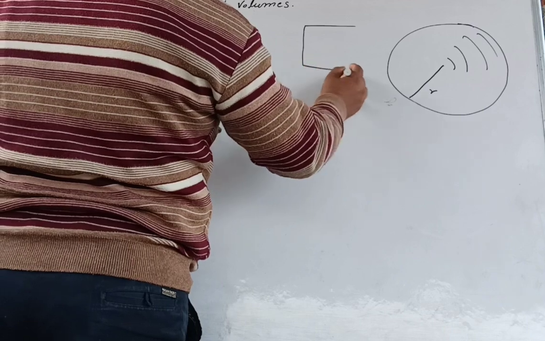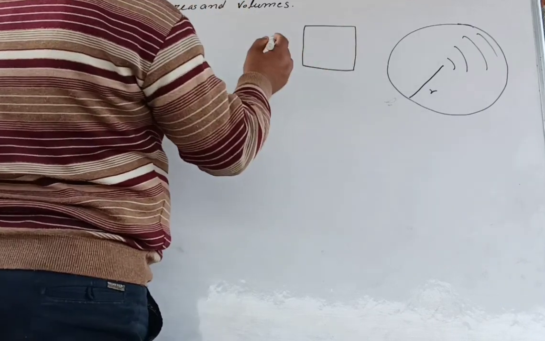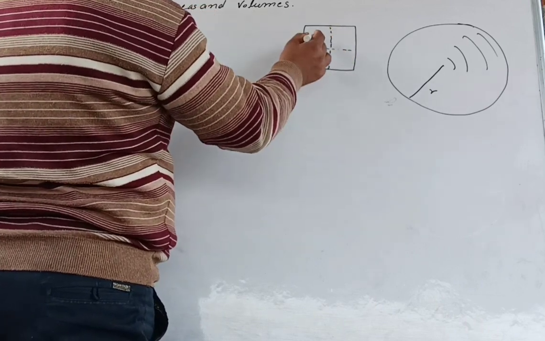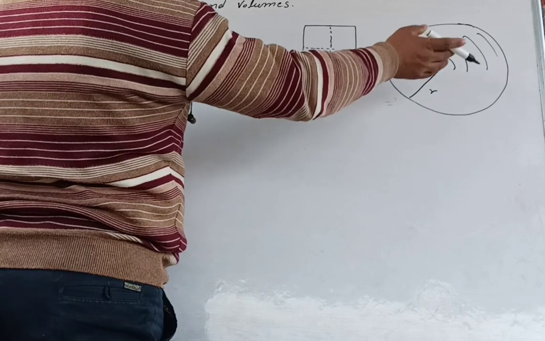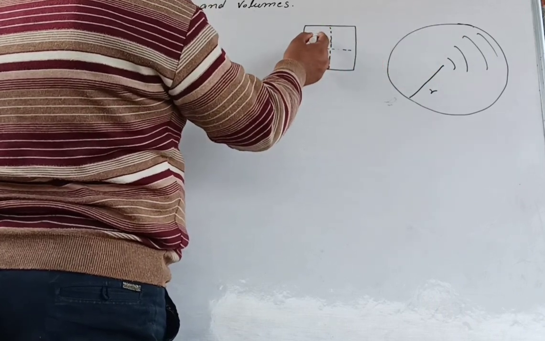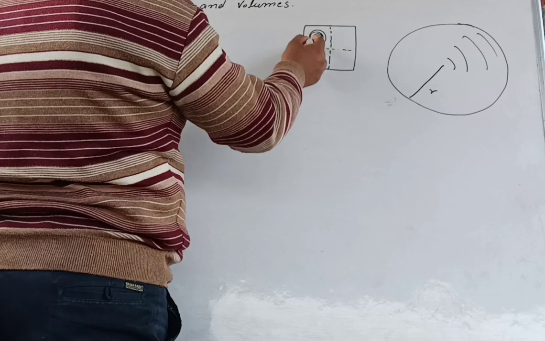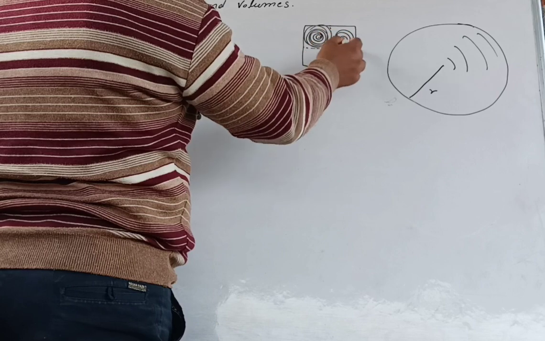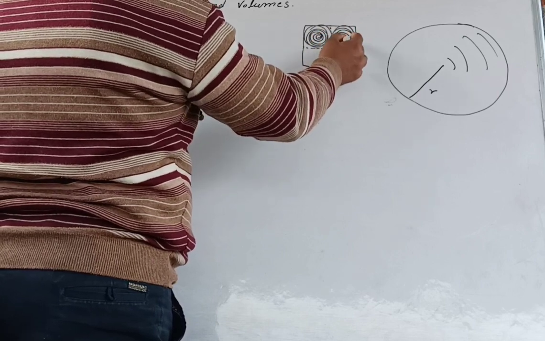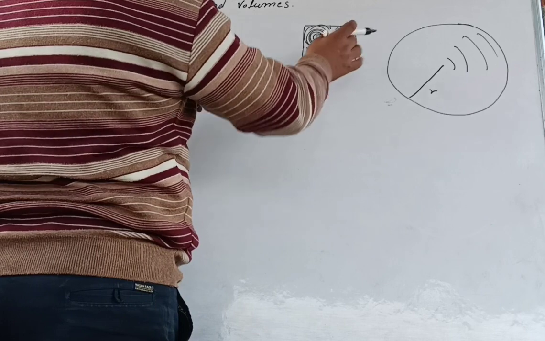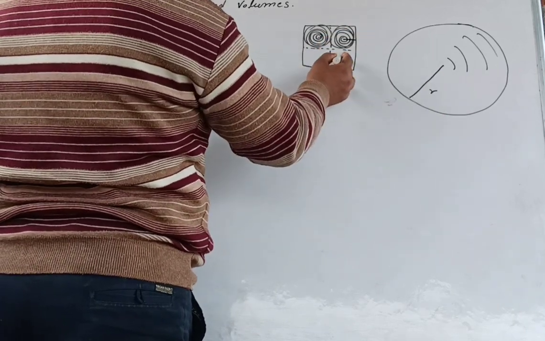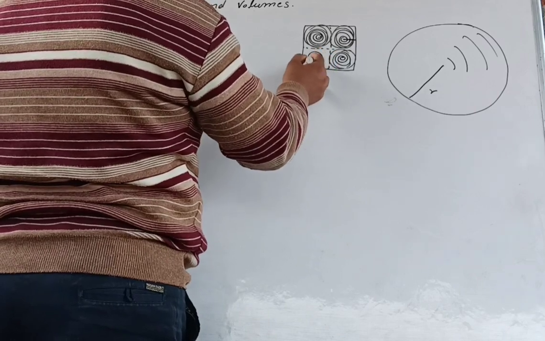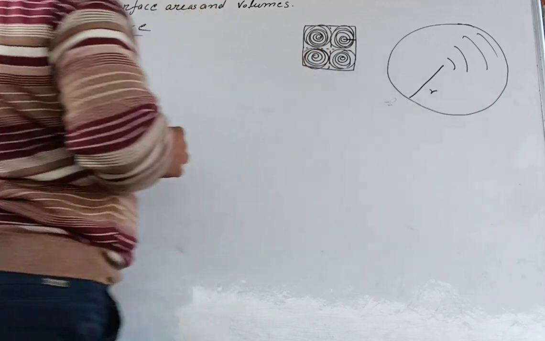Suppose we use this and divide it into four parts like this. If we roll a wire around the sphere and check the length of the wire, mathematicians find it is four times the radius of the circle. The radius of the circle is the radius of the sphere.